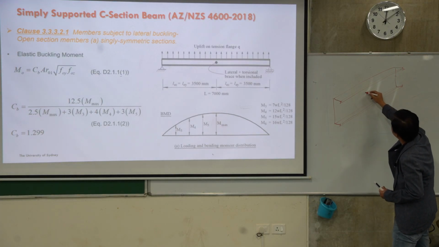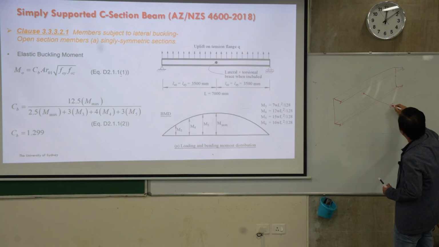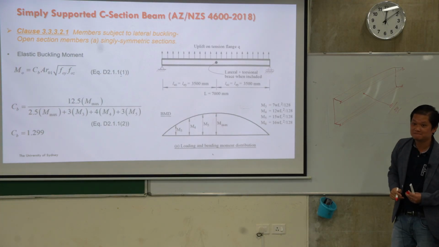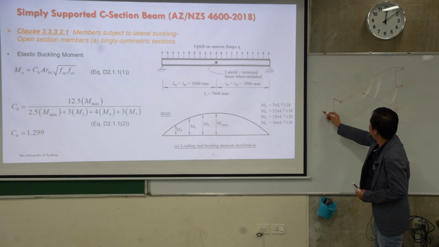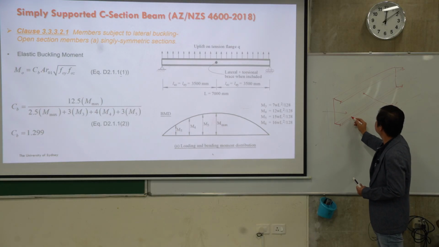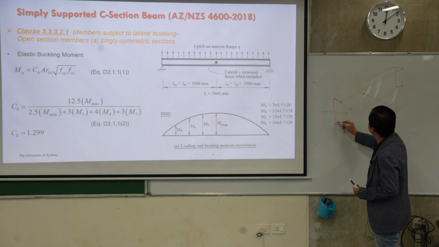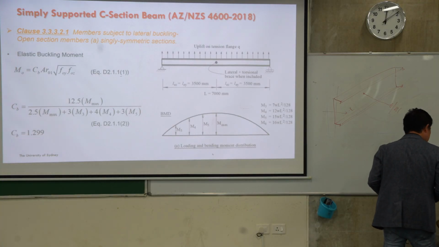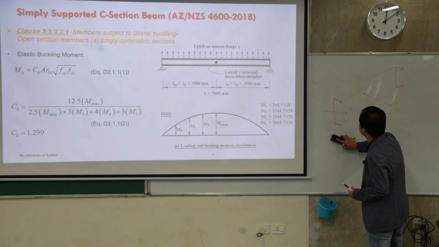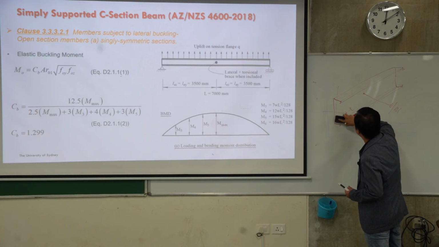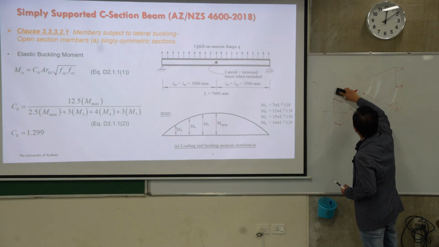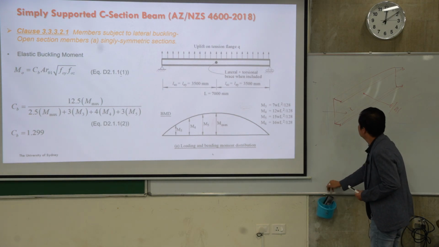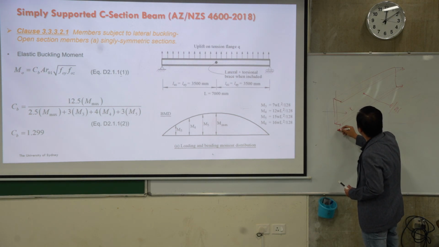So if you restrain, for example, you put a support in here somehow. So you can see this is X.